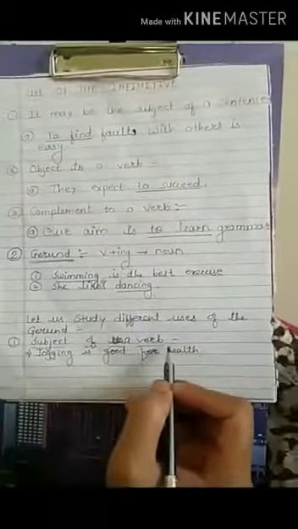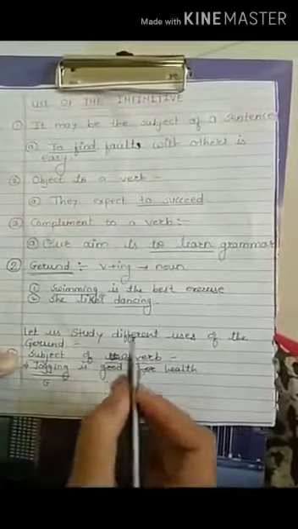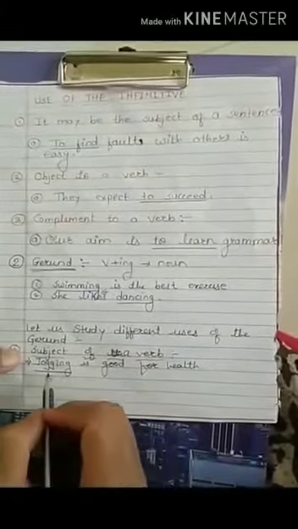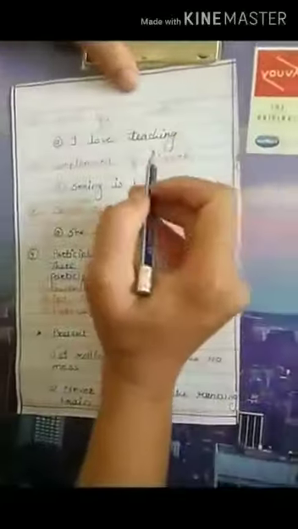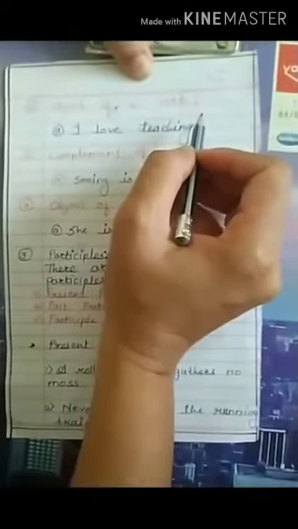Gerund is used as subject of a verb. Jogging is good for health. In this sentence, jogging is an example of gerund which functions as subject of a verb. Gerund can also function as an object of a verb.